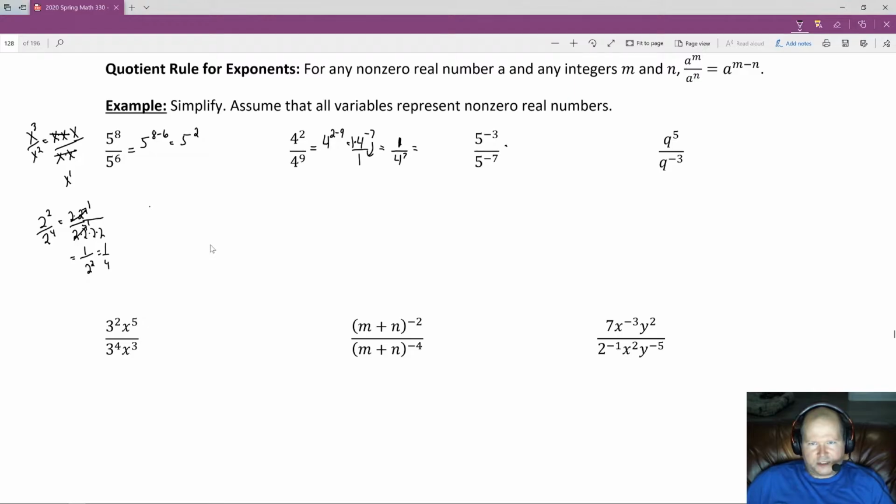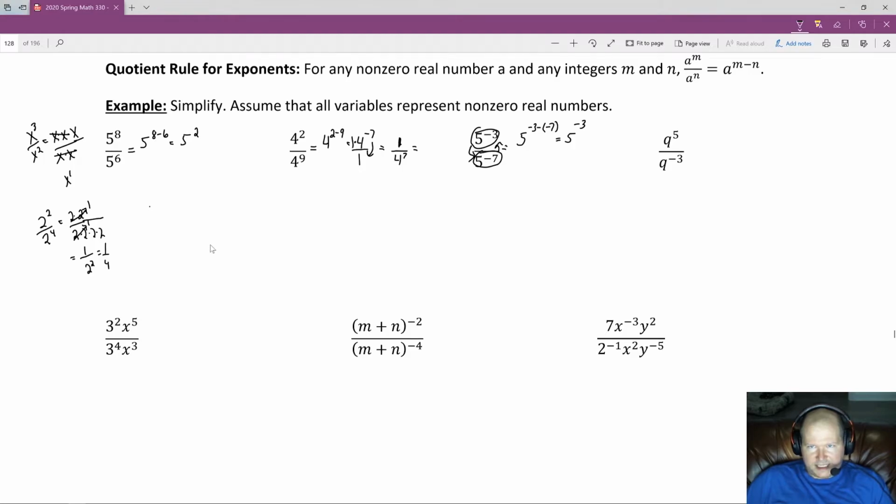Okay, now there's a couple of ways to do this one. Now it might occur to you that because both of these have negative exponents, I could simply switch positions, right? I'll put that 5 to the negative 3rd power on the bottom, 5 to the negative 7th power on the top. And that's true. You could do that. Or we could just do the rule as it stands, without any of that extra step, in which case we would simply say negative 3 minus negative 7, which is equal to 5 to the negative 3.